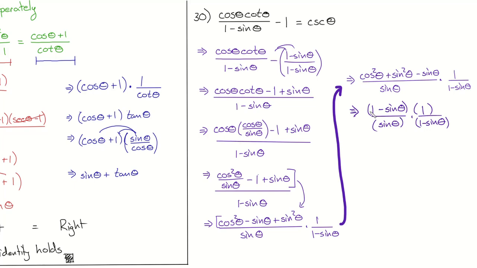What I notice is I have a 1 minus sine theta that will ultimately be divided by a 1 minus sine theta. So they divide out, which means I'm left simply with 1 over the sine of theta. And by definition, this is exactly cosecant of theta.